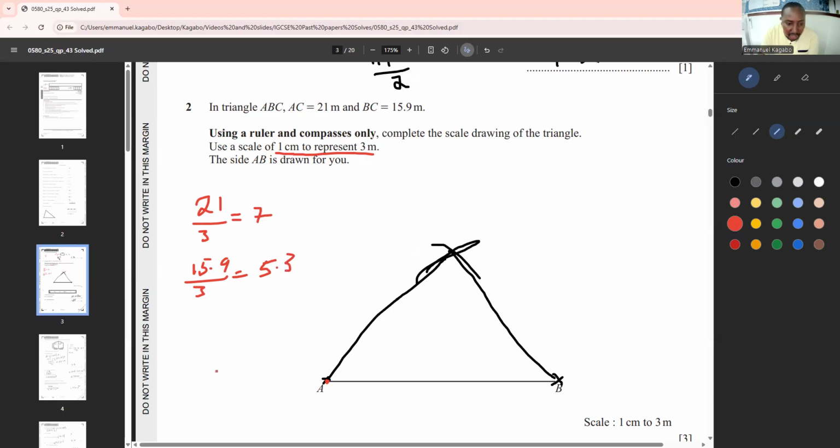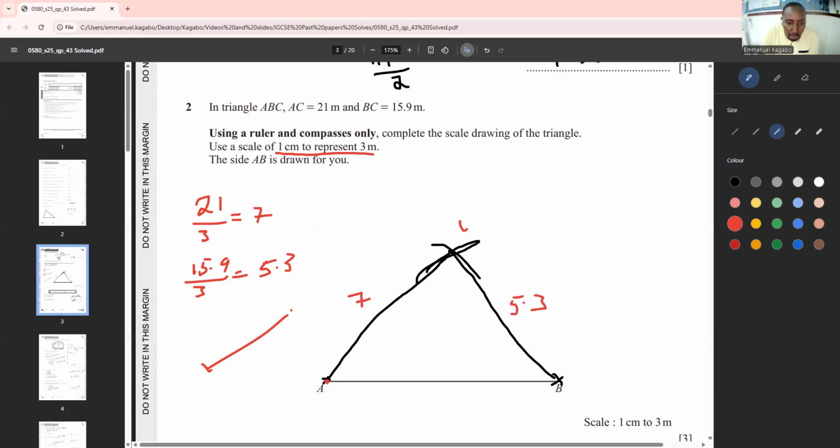You put your compass on the ruler, measure, then put it here and mark somewhere here. Then you measure 7 again, I mean 7 this side, because this is your point. This is BC, so this is B and this will be C. This one will be 7, and this one will be 5.3. That's the construction.